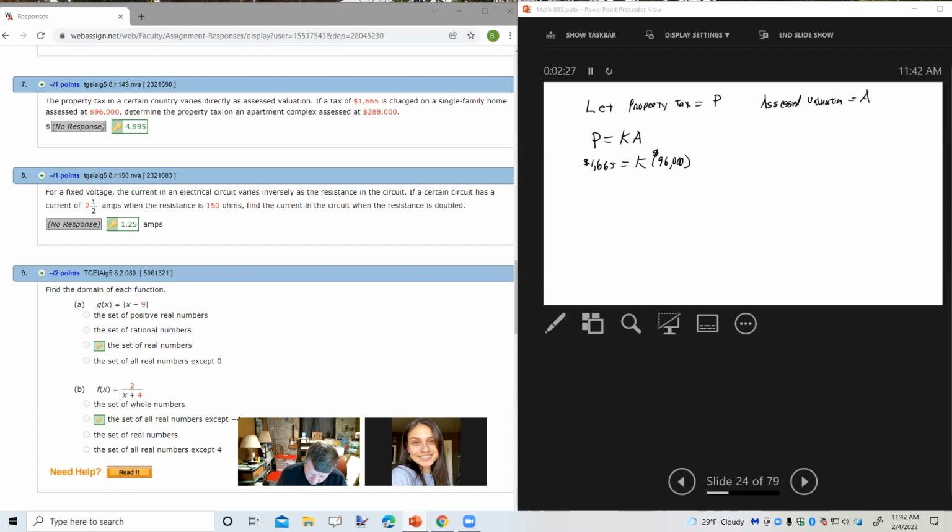So at this point, we want to determine what K is. So we're going to divide both sides of this equation by $96,000. The dollars over dollars would cross out. So I've got 1665 divided by 96,000.